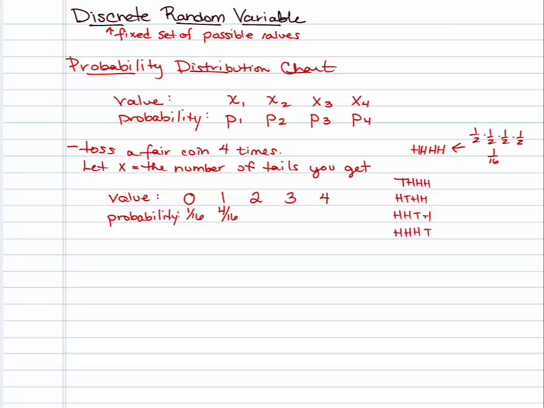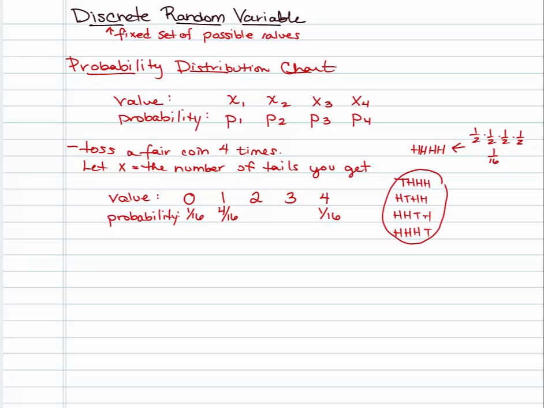To get 2 tails, there are a few different ways to calculate it. I'm going to work backwards. To get all 4 tails, it would be 1/16. To get 3 tails, I can think of it the same way as 1 tail.